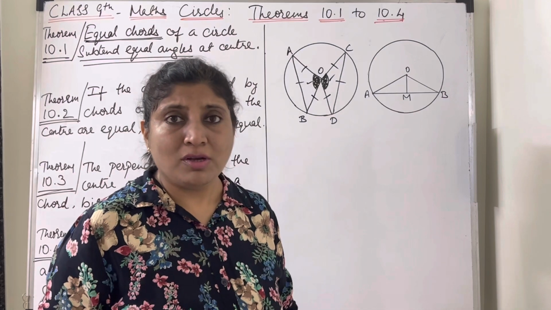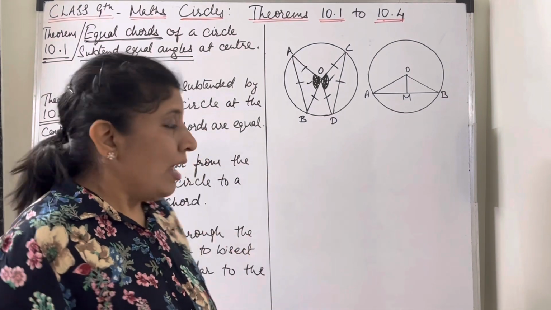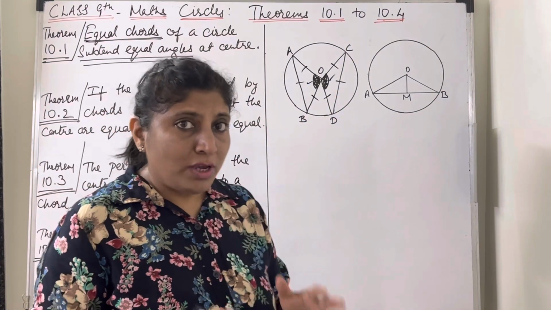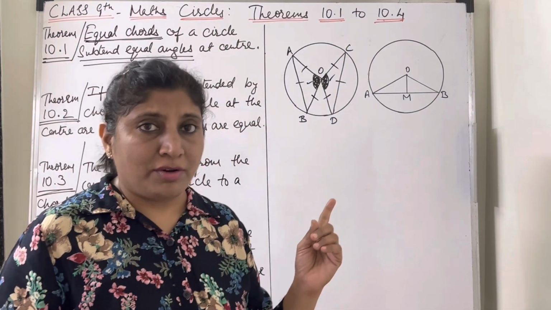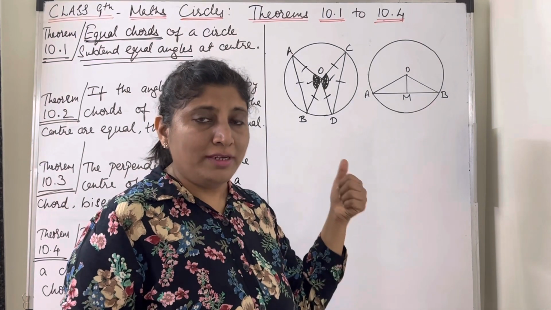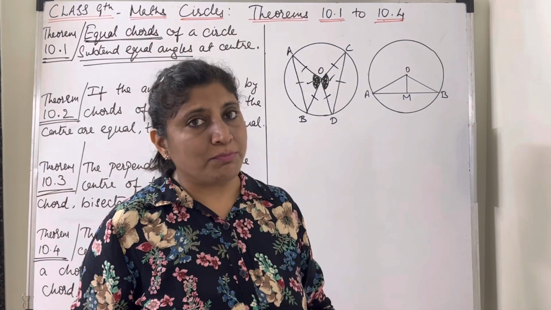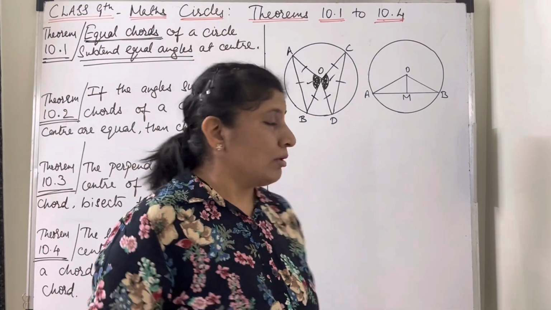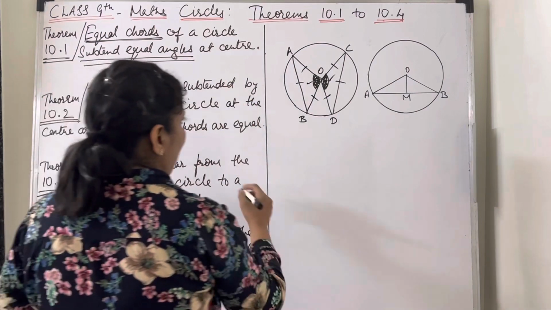They are equal because they are of the same circle. Now what we have to prove is these two triangles. So you just go back to chapter number triangles and think, if we prove these two triangles congruent, then it would be very easy by CPCT to prove these two angles also equal. So without much delay, let's start proof.